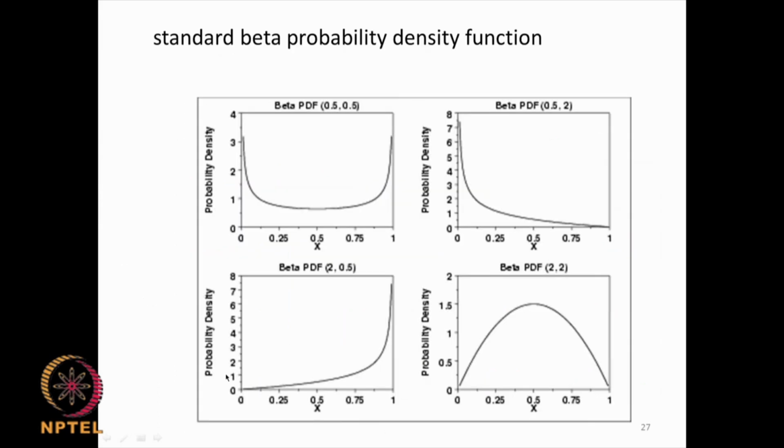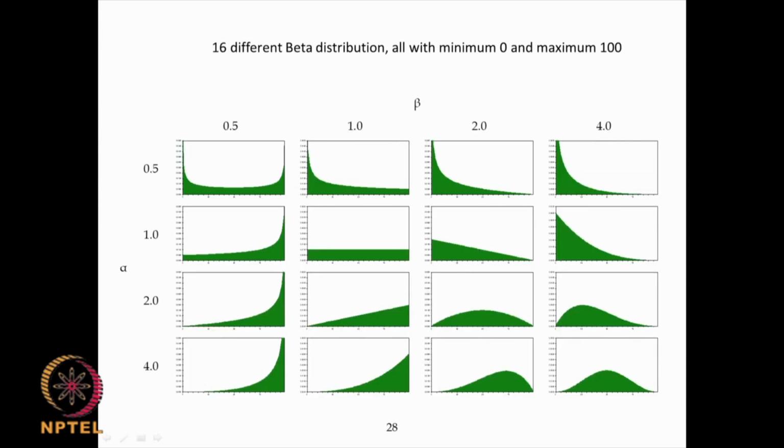So, you can see that we can get a large number of shapes with alpha and beta. This is very useful, especially for simulations and modeling. We can generate any type of function: you can get maxima, exponentially falling, exponentially rising, or linear rising.